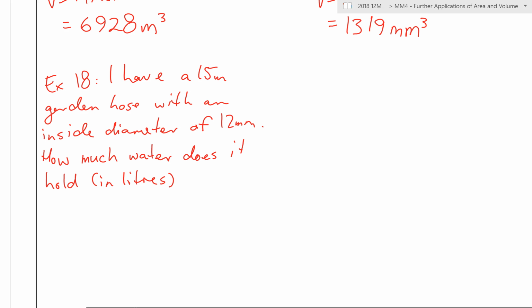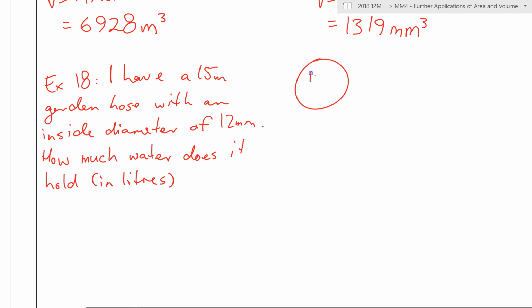That's not terribly helpful. Now, 1 cubic centimetre equals 1 millilitre. So generally, when you're working in litres, put everything in centimetres for your calculations. Converting everything to centimetres is going to give you an answer in millilitres, and that's easy to convert to litres. Okay. So, garden hose.